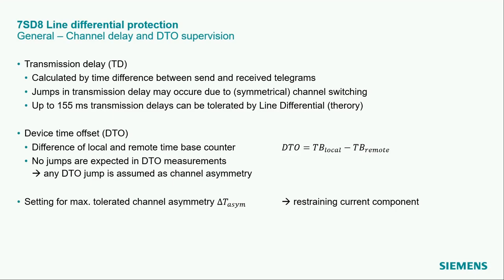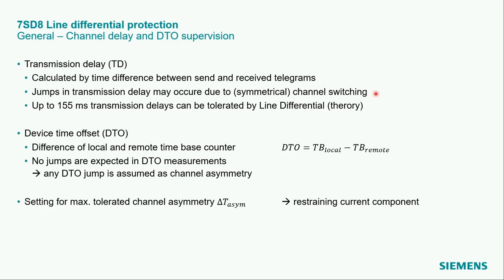The channel delay and the device time offset are supervised. The transmission delay is calculated by the difference between the sent and the received telegrams. Jumps in the transmission delay may occur, for example, if you have asymmetrical channel switching in the network. This is detected and compensated.